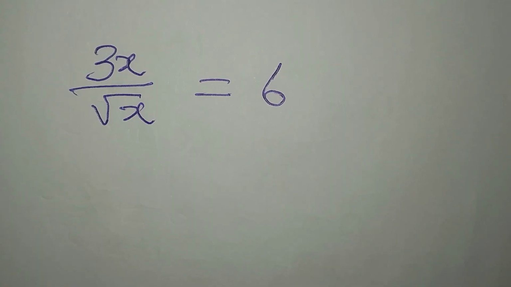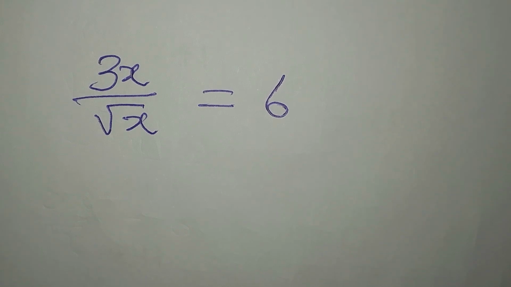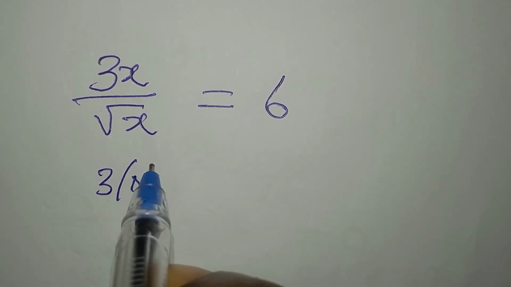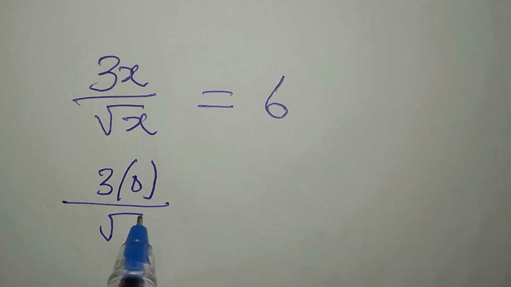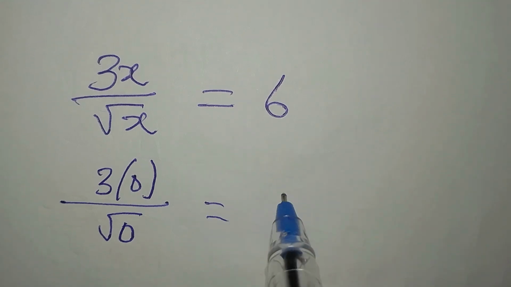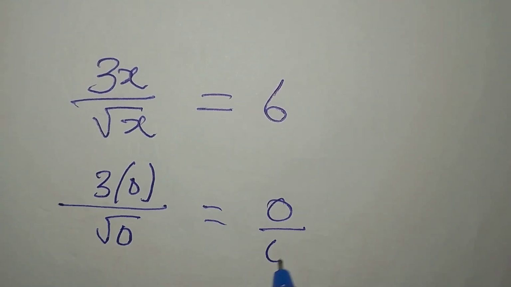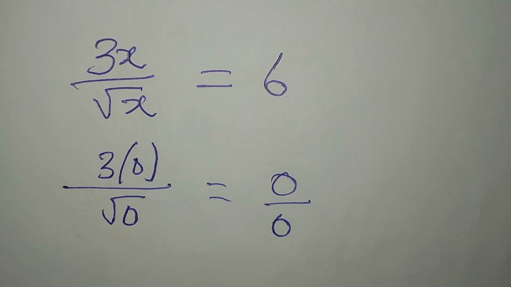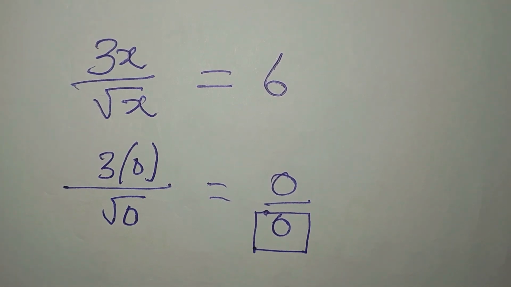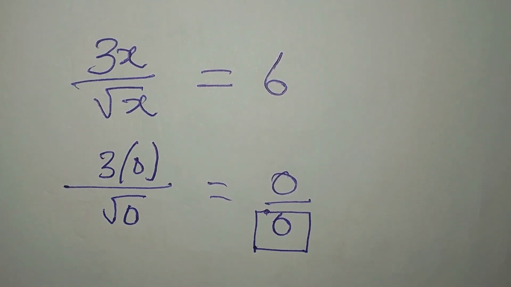Okay, so this is the equation, and our x is 0 or 4. Let's work with 0. If we put 0 here, we have 3 times 0 over square root of 0. Square root of 0 is 0, right? So this means we're having 0 over 0, and 0 over 0 is never giving us 6. By the way, the fact that we are dividing by 0 makes it undefined.